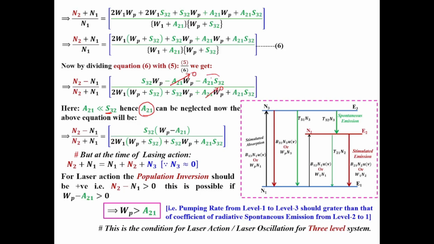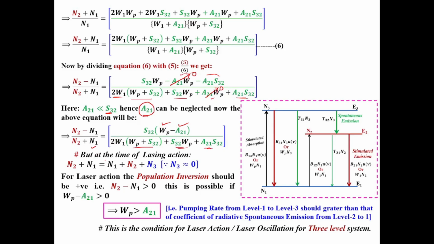This term could not be 0 because it is multiplied with S32, right? So this term and this term will be neglected. So we find N2 minus N1 by N2 plus N1 is equal to S32 WP minus A21 S32. Taking S32 common, we get WP minus A21. In the denominator, we get 2W1 into WP S32 plus this term plus this term, right?